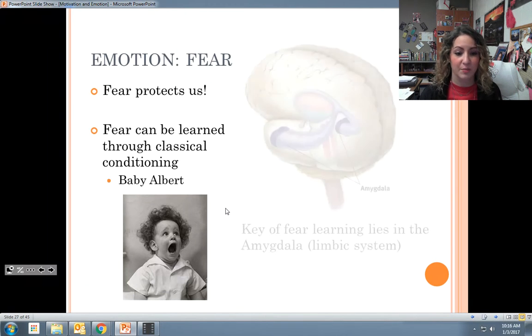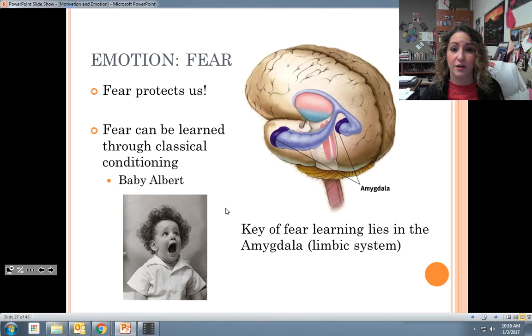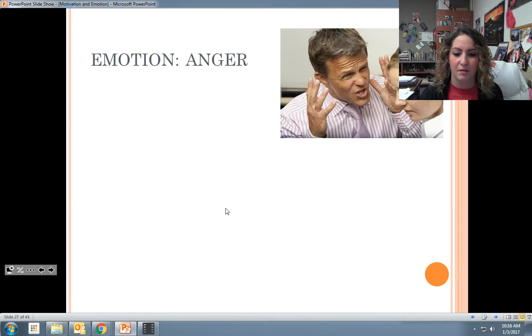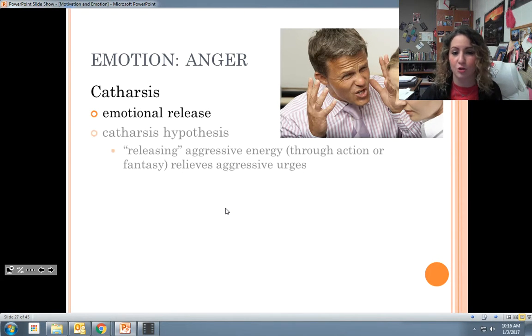Fear is good. Fear protects us. We talked about fear and learning fear with classical conditioning: Baby Albert and the metal rod and the rat. Anger is good. Emotional release of anger or of sadness really is called catharsis. The catharsis hypothesis says releasing aggressive energy, punching a wall or something, through action or fantasy, releases aggressive urges.